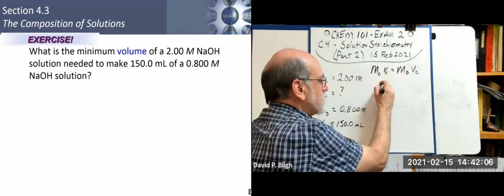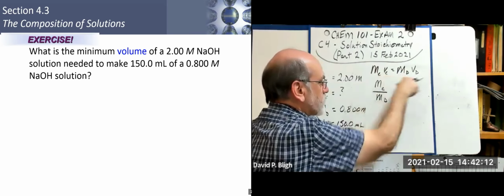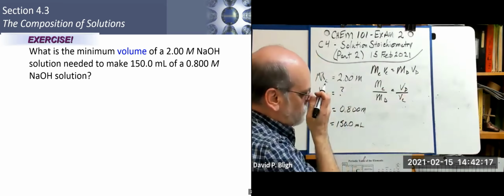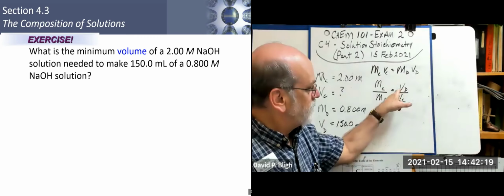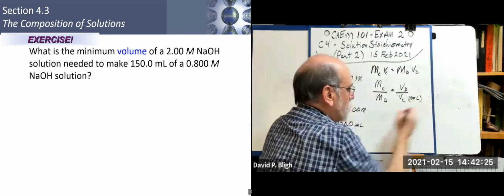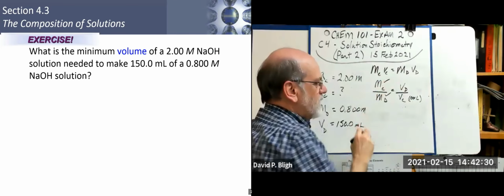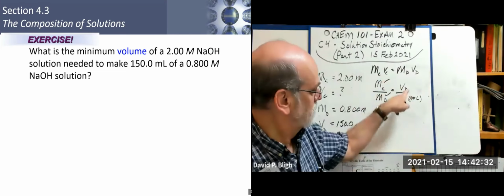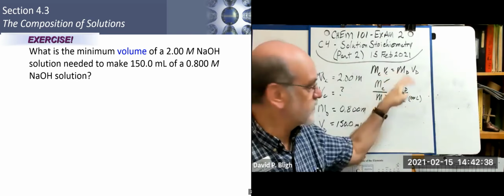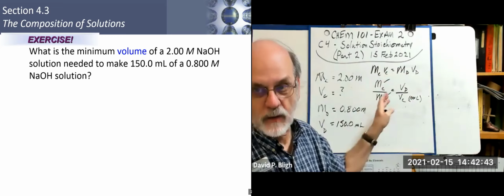If we rearrange, we get this right over here, and this one over there. Notice that if the volume of the concentrated is in milliliters, and these are molarity, then what's your answer going to be in? Your answer is going to be milliliters also. So with this type of ratio, you don't have to change to liters to make it work.